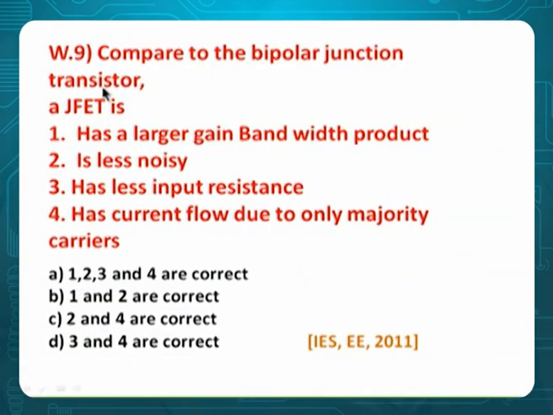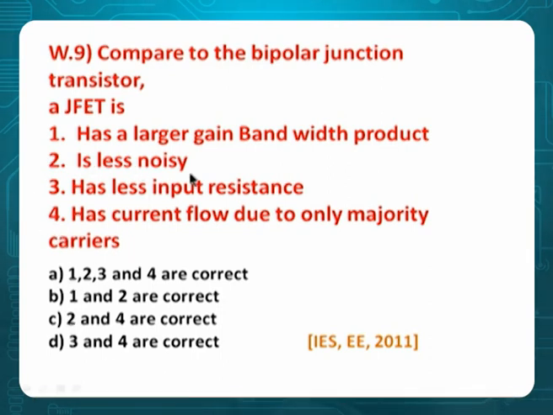9th problem. Compare the bipolar transistor and JFET. Compared to the bipolar junction transistor, JFET has larger gain bandwidth product, is less noisy, has less input resistance, has current flow due to only majority carriers. So options are 2 and 4.